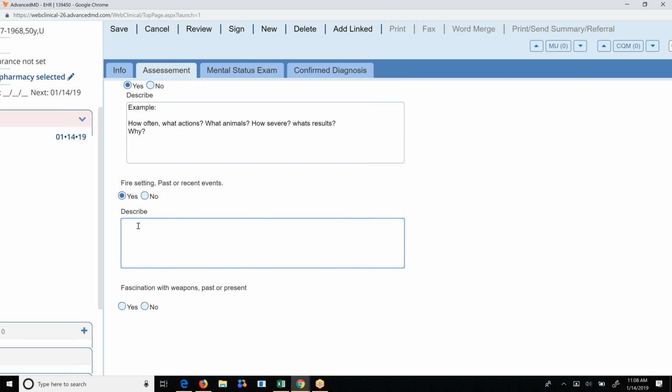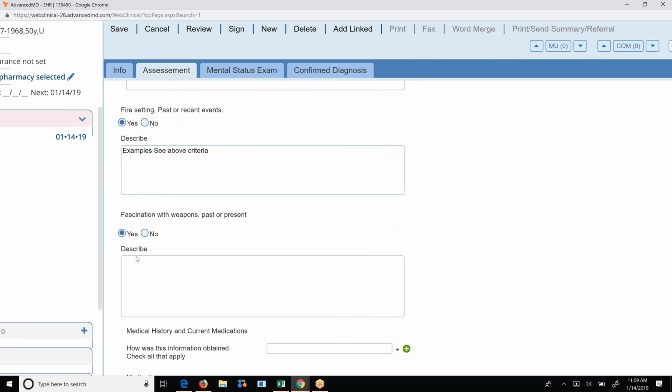Fascinations with weapons, same as the others. You'll see what Damon's typing.